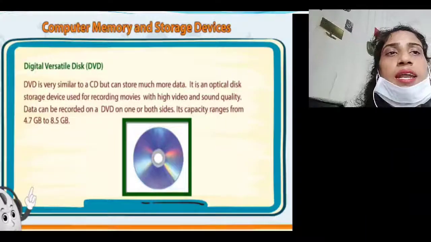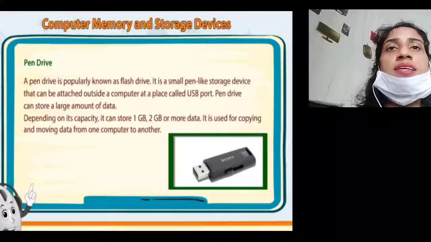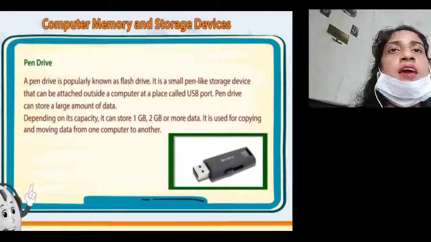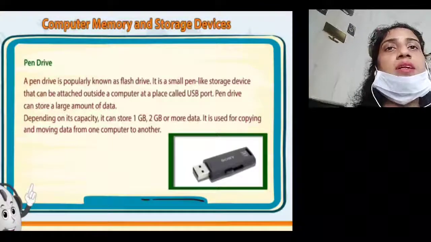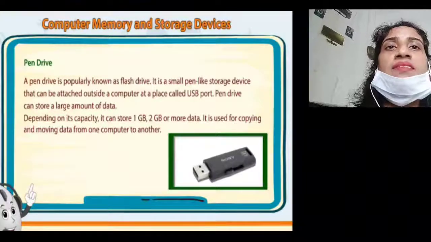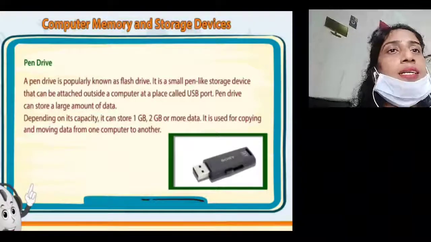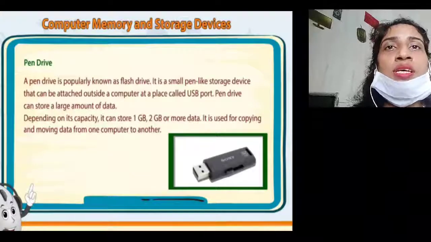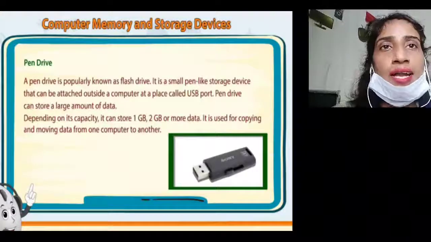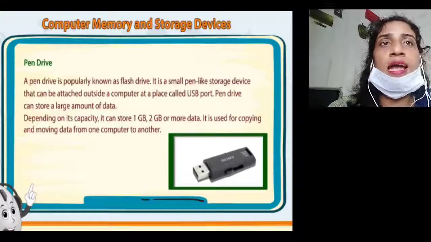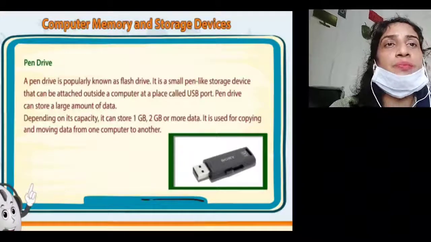The next storage device is the pen drive. A pen drive is popularly known as a flash drive. It is a small pen-like storage device that can be attached outside a computer at a place called the USB port.